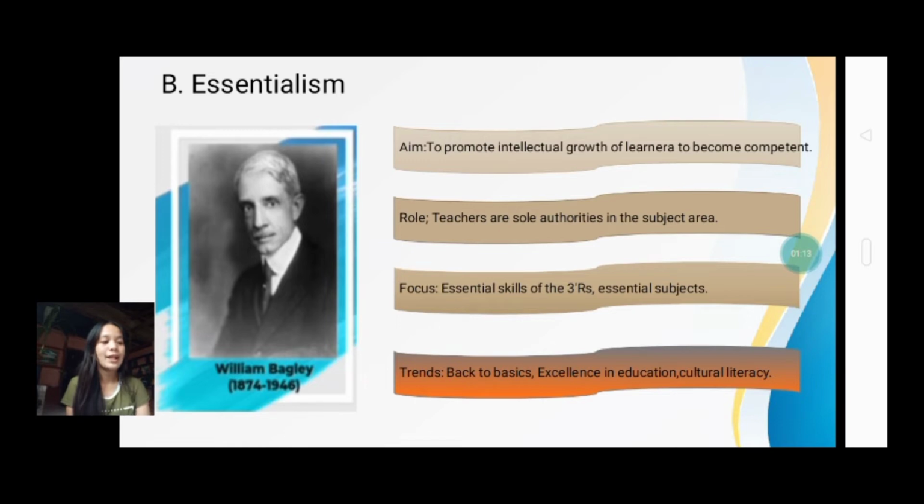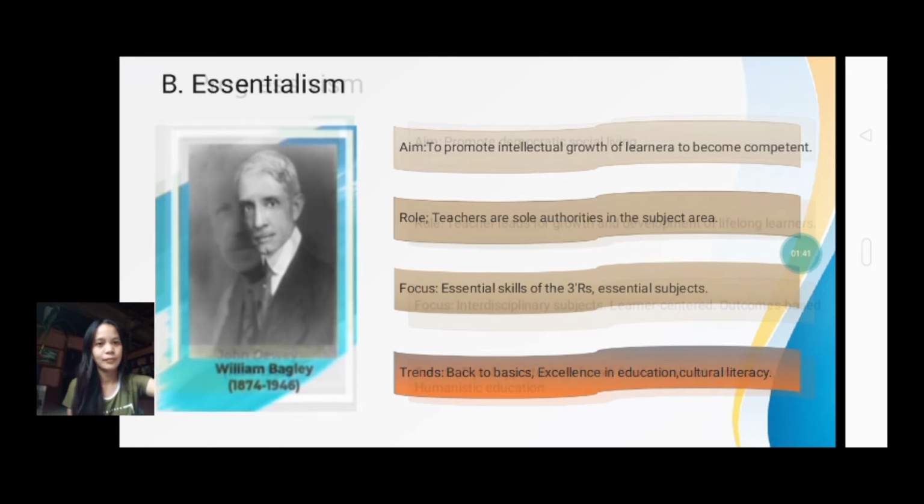That is why, until now, the focus is still on the main essential subjects: English, science, history, and math. So until now, essentialism is existing. The curriculum trend is back to basics, excellence in education, and cultural literacy. So that is actually what essentialism is all about.